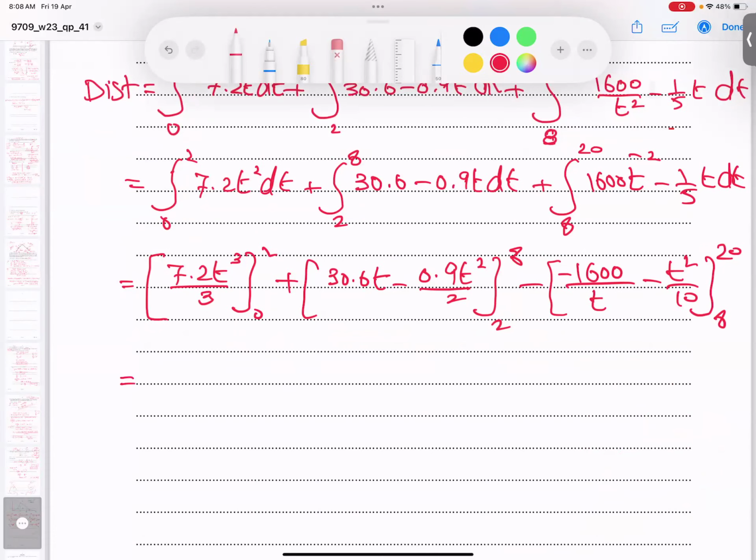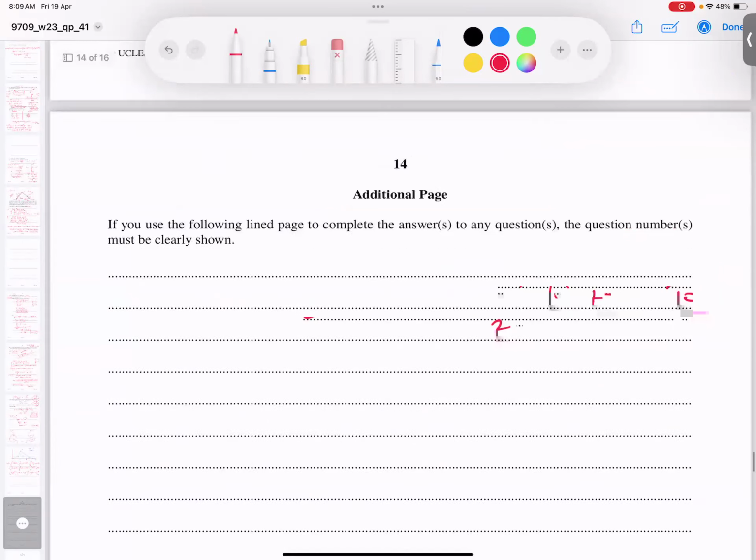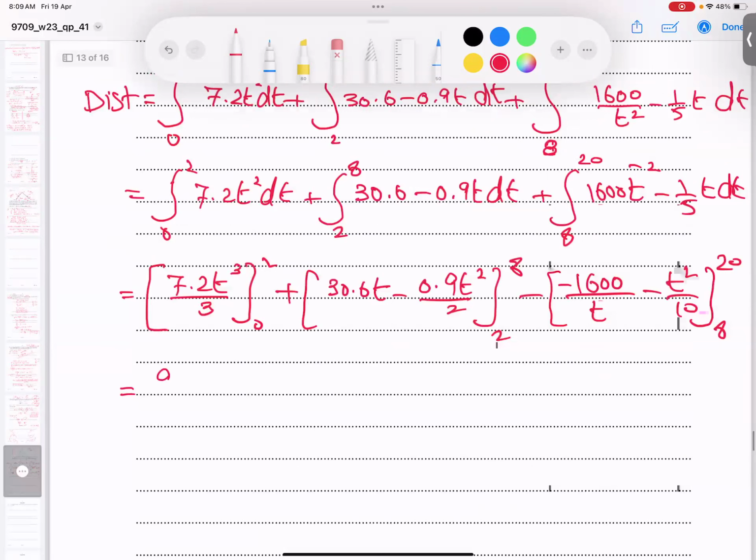Okay. If you plug in 7.2 into 8 cubed and divide by 3, this is coming to 19.2, or I can say here, this is the first answer, 96 over 5. First answer.